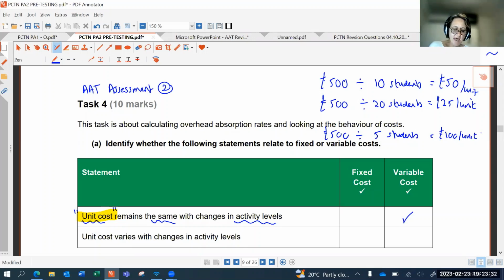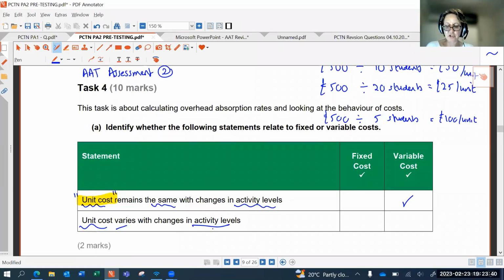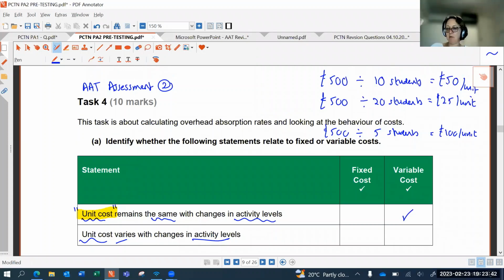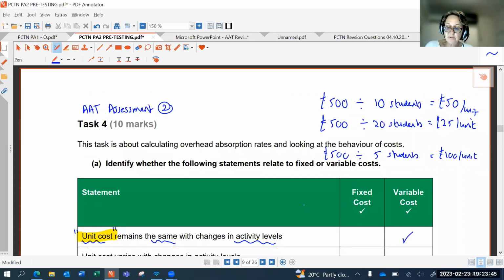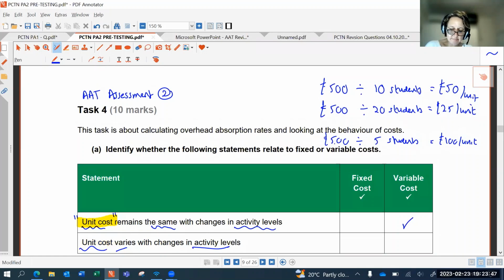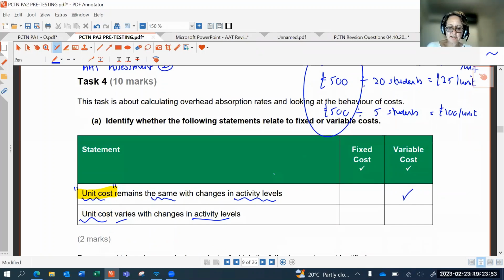So what you can see there is that the unit cost, as in the cost of a unit, actually does vary as the activity changes. As the number of students goes up or down, my fixed cost, because that's what this is, is fixed in total, but the unit cost changes with the activity level. So it's fixed in total and it changes as the activity changes. So we were looking for fixed cost there. But it's very important that we can see the difference between those two sentences.